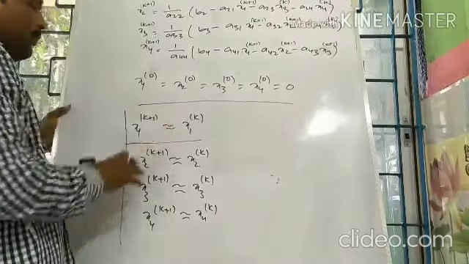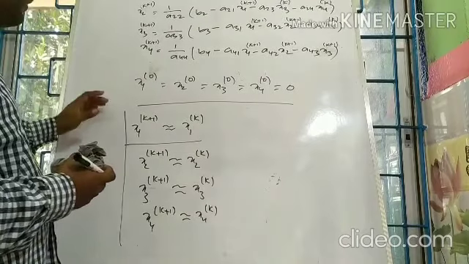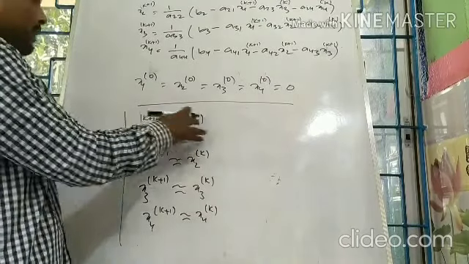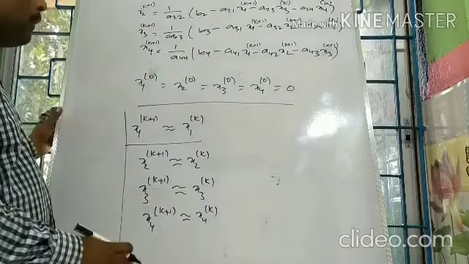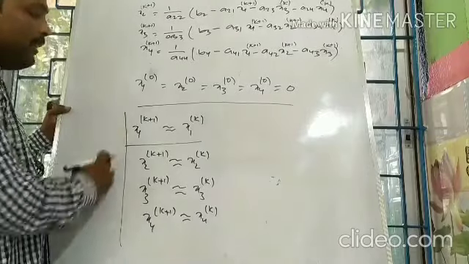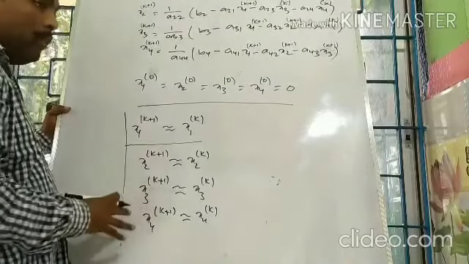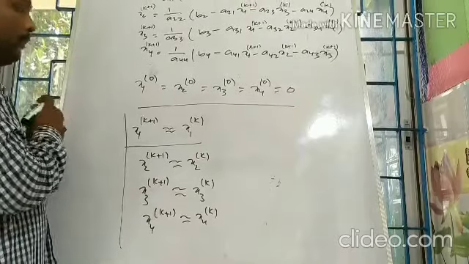So if the present and previous iterative values of all the variables are approximately equal up to some desired degree of accuracy at some iteration level, then you can stop. Okay, this is the Gauss-Seidel iteration procedure.